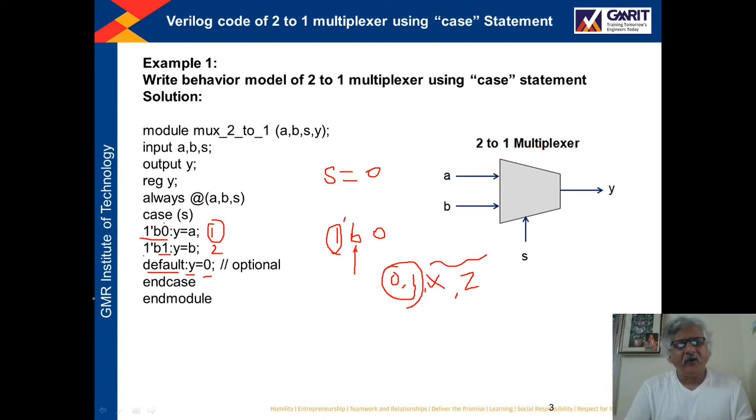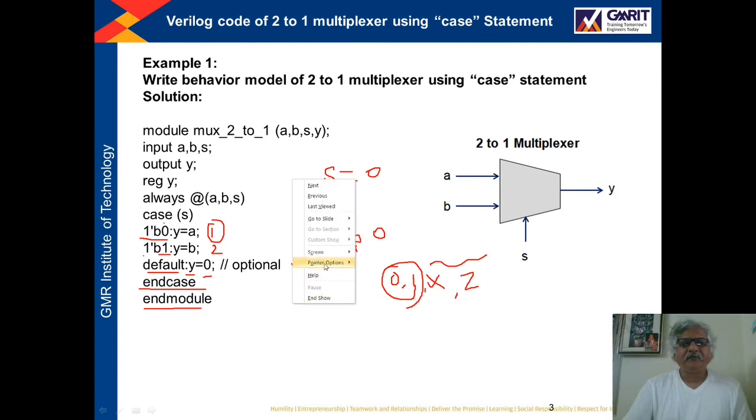For that default condition, I have mentioned default: Y is equal to 0, right? Though this is optional, it is better to write this default condition also, because we are dealing with a 4 value system. After this, endcase will end the case statement, then endmodule. Okay.